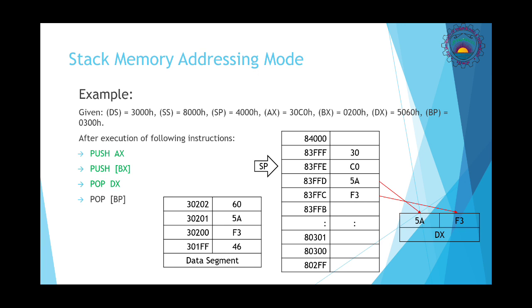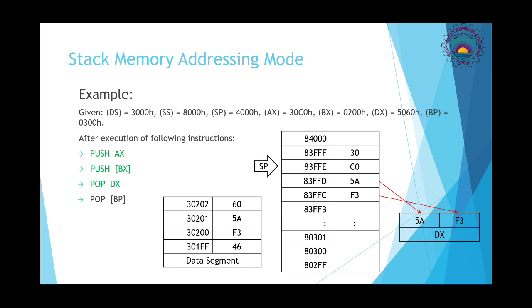So from SP location, that is 83FFC, a byte will be moving into the lower byte of DX, and from location SP plus 1, that is 83FFD, a byte will be moving into higher byte of DX.